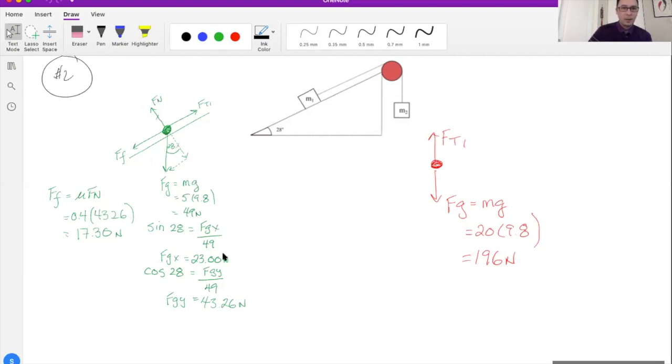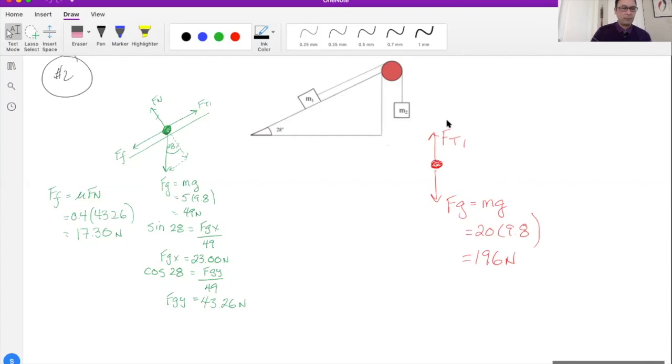I used the Y component, the 43.26, to calculate the force of friction, which came out to 17.3. Now on this side, it's a much more simple situation. We simply have a hanging object with a wire passed over the pulley here in red. The object has force of gravity down and a tension force up.